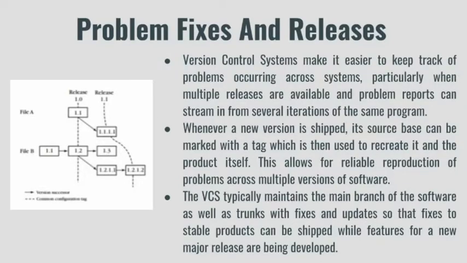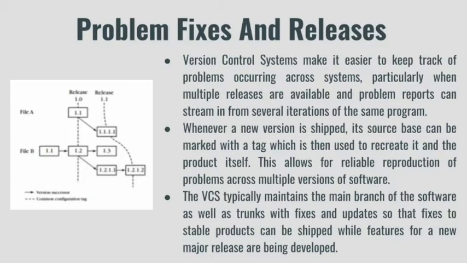An easy way to give yourself a headache is to try to manage problem tracking over programs with many fixes and releases across multiple versions. And an easy way to do this is to incorporate a version control system into your problem tracking system. So a VCS keeps a main branch of the program software as well as trunks with the fixes and updates for each version.